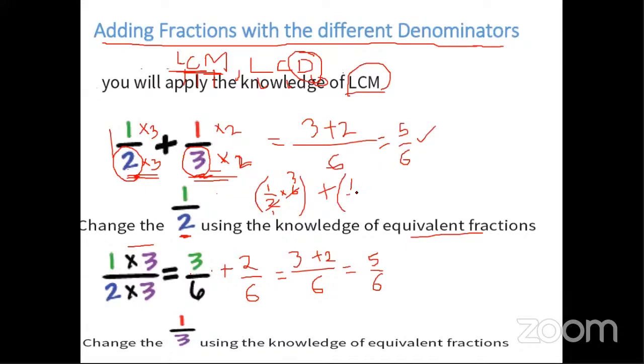You divide them by 3, it's 1. Then by 6 it's 2. Then you get 1 times 3, which is 3, plus 2 over the 6.